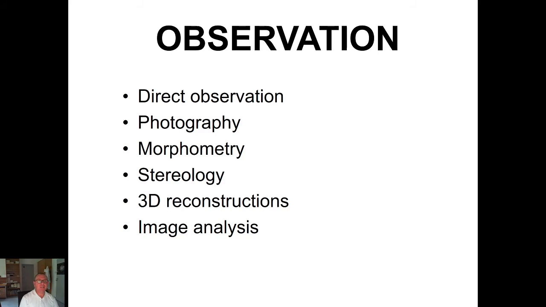It can be direct observation in the microscope, which you will do in the practical training, and which was done for many years since the development of the light microscope, which was developed at the end of the 17th century.